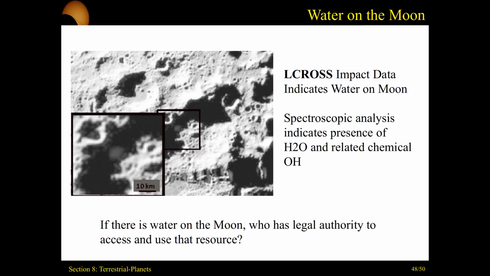We have treaties signed by most of the world governments agreeing that you can't claim extraterrestrial territory. You can't plant a flag on the moon and say this is now part of our nation. But what about using the resources that are available there? What if there are heavy minerals or heavy materials that we need? This is an open legal question that people are constantly debating.